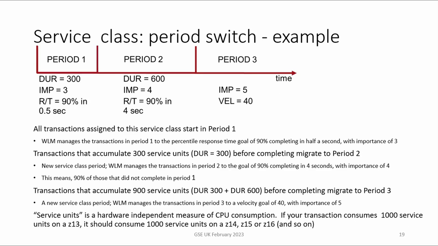That means if your transaction consumes 1,000 service units on a z13, it should consume 1,000 service units on a z14 or z15 or z16, and you get the idea, right? There's a service unit coefficient for each of the different processors, and that gets applied, so you don't have to change your duration definitions as you upgrade from one processor family to the next.